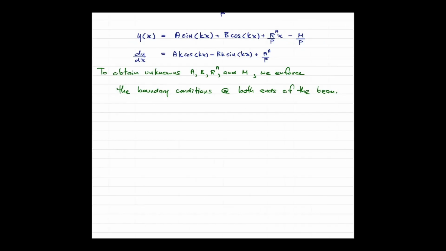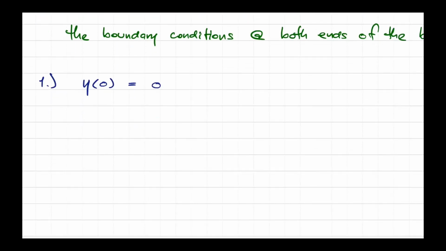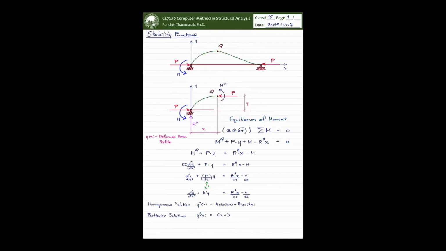So first of all, we know that Y, or your profile of the beam, at the pin support, Y at x equals 0 is equal to 0. You do not expect any movement, translation in the Y direction at the support where x is equal to 0.